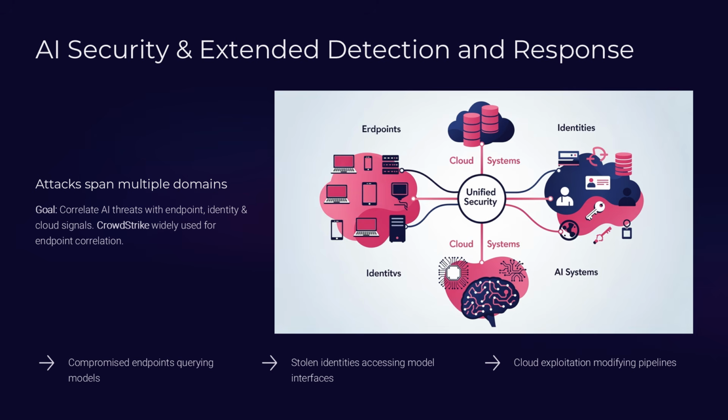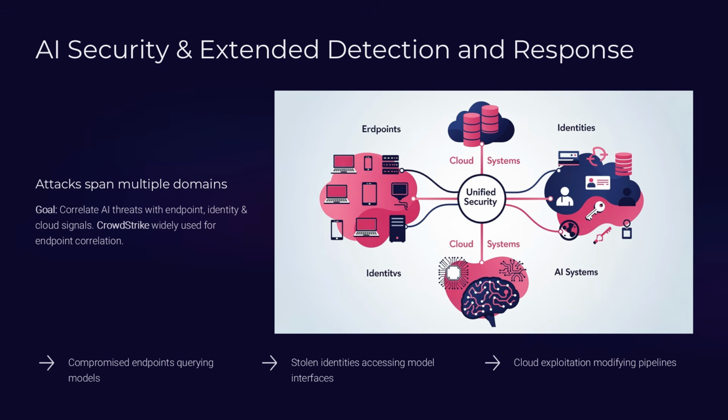Attacks against them may involve compromised endpoints used to query models, stolen identities used to access model interfaces, cloud resource exploitation to modify pipelines, and data exfiltration through storage accounts feeding training systems. Extended detection and response platforms help correlate these signals across domains.